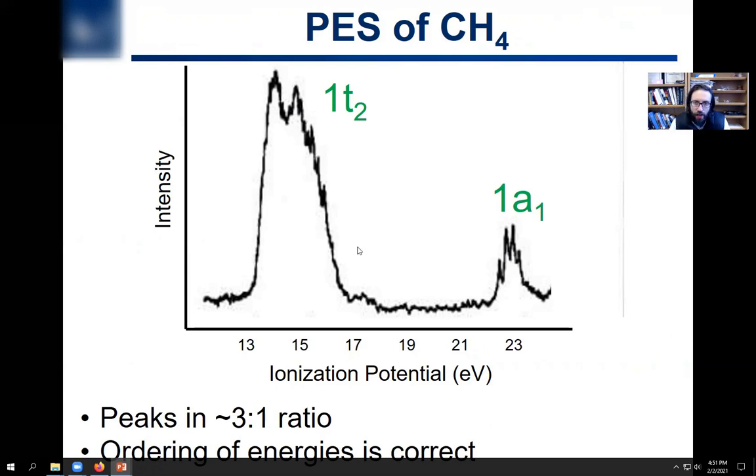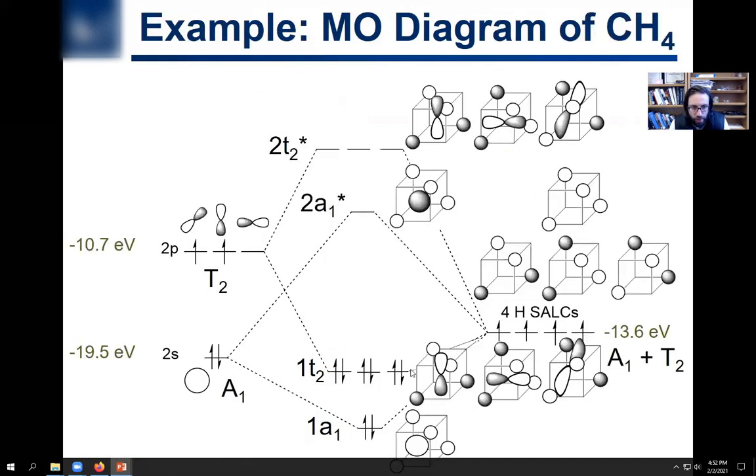And the ordering of the energies is correct. And we actually get out the energy from this. This is very powerful, right? So you can see the A1 has a higher ionization potential than the T2. That's what we predicted based on our MO, because our MO had the A1 lower in energy. So it takes more energy to eject an electron from this lower A1. Why was this A1 lower in energy than the T2 in terms of constructing the MO diagram, de novo?